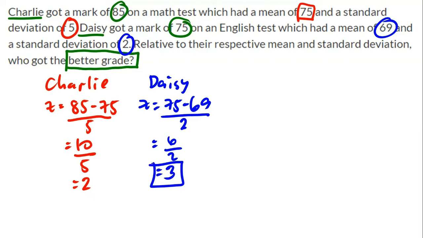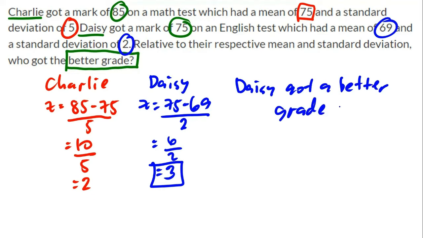Yung kay Daisy. So, Daisy got a better grade than Charlie. Okay? So, ganun lang kumuha ng ating measures of relative position. That's it. Thank you for listening.